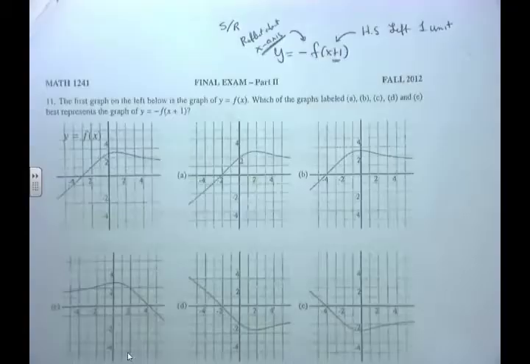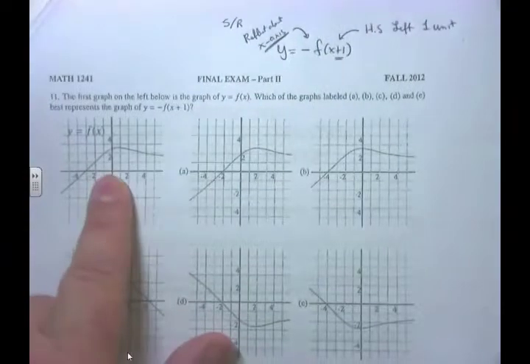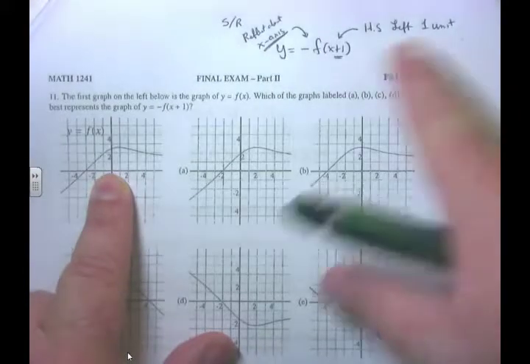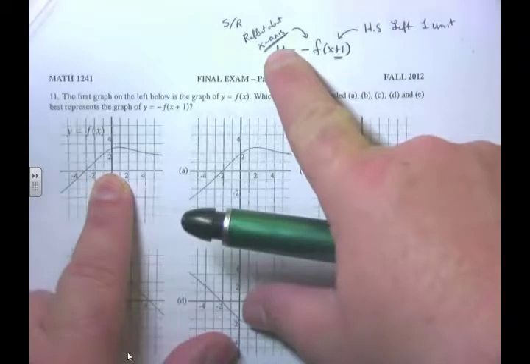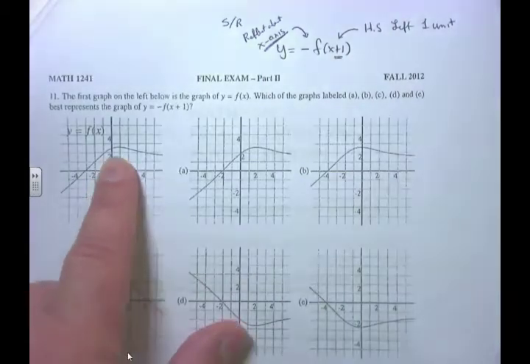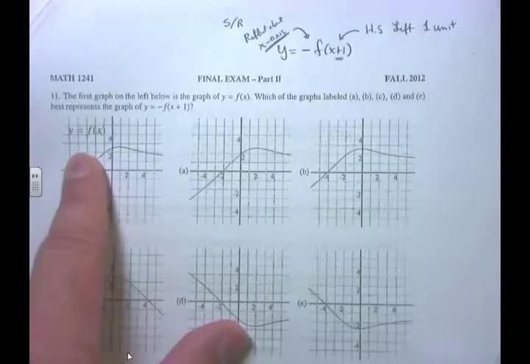Now, this question is more of a mental question than anything. You have to visualize. Take this graph, shift him left 1 unit, then reflect him across the x-axis, aka flip him upside down. So left 1, across the x-axis. If I go left 1, it'll be this way.